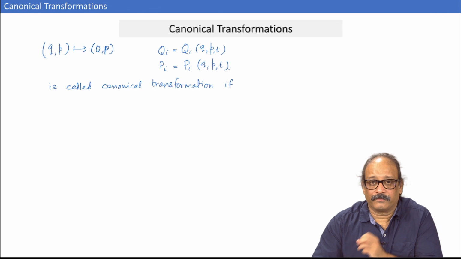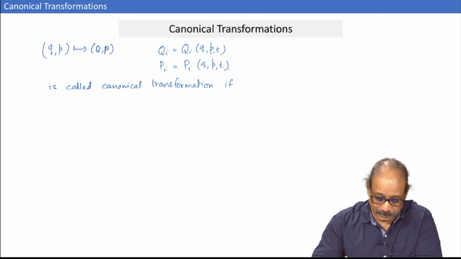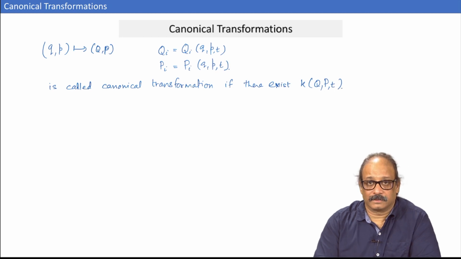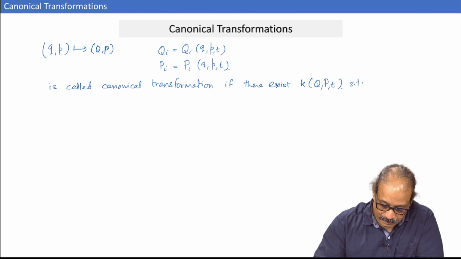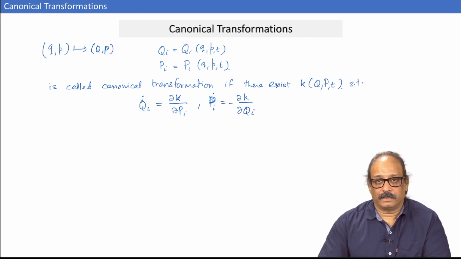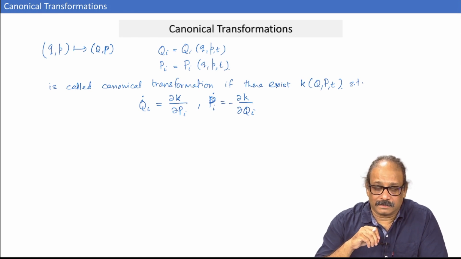If we can find some new Hamiltonian, so if there exists a capital K, which is a function of capital Q, capital P and t, a function of the new variables, such that Q I dot is del K by del P I, and remember, P I dot is equal to minus del K with respect to the new variable del Q I. Now, the question is this.